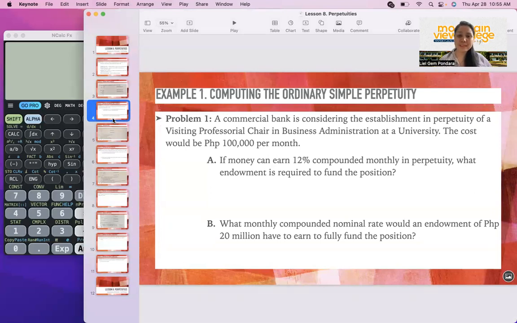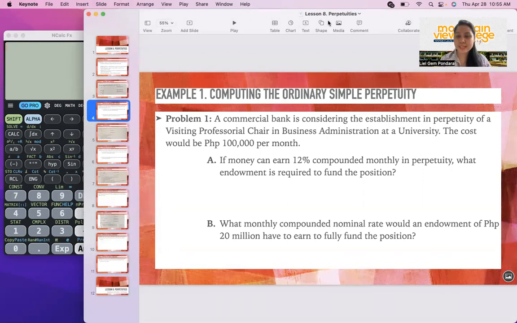A commercial bank is considering the establishment in perpetuity of a visiting professorial chair in business administration at the university. The cost would be $100,000 per month. First question. If money can earn 12% compounded monthly in perpetuity, what endowment is required to fund the position?